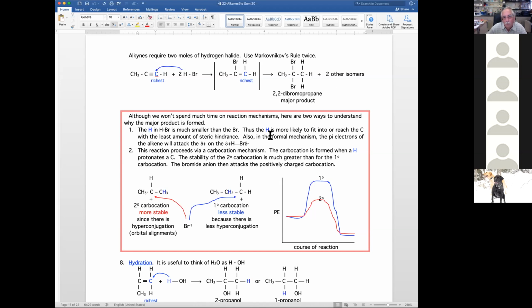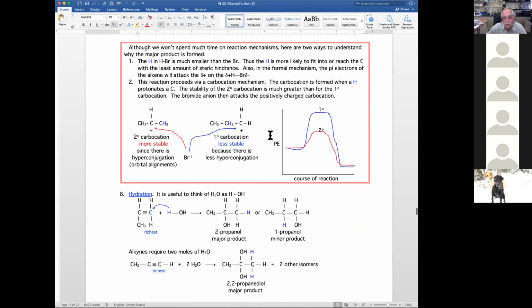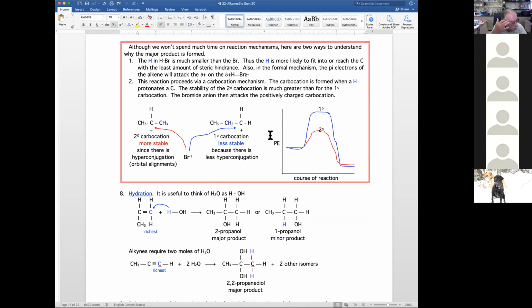So I don't want to spend time on reaction mechanisms. And here's the reason why. Organic chemists have finally figured out that the reaction mechanism that you do in the test tube is not the same reaction mechanism that happens on the surface of a protein or any other catalyst, by the way.